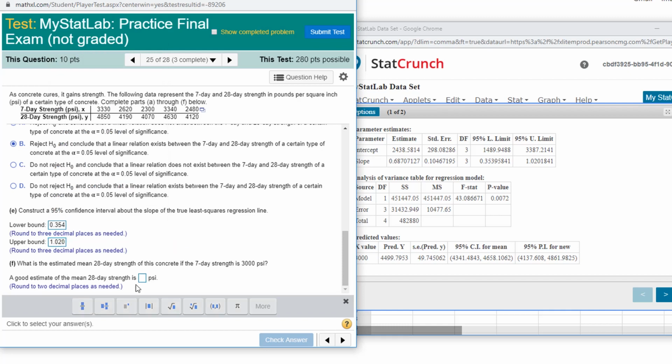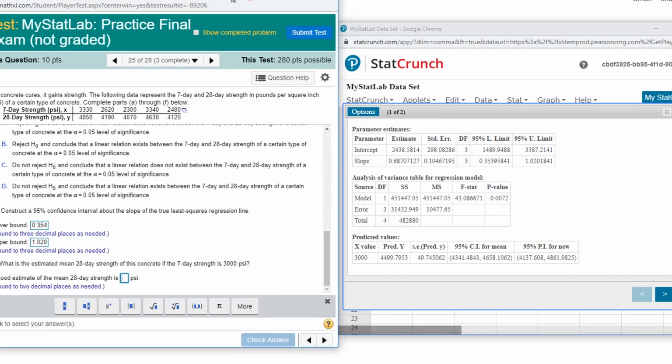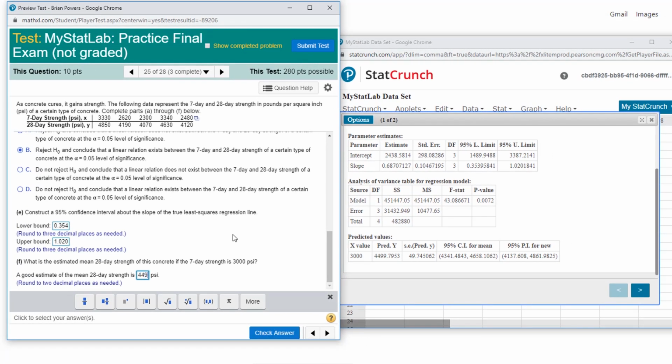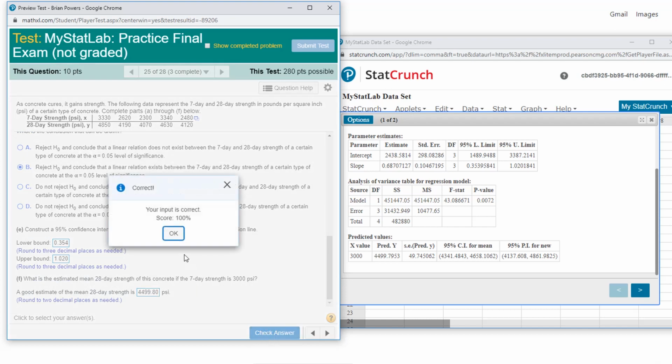And then a good estimate for the 28-day PSI, if you had 3,000 PSI on day 7, is given down below in the table, and it's 4499.79, rounded up to 4499.80. And that's it. Let's check and see if I got that. Oh, 100%. That's good. Let's move on.